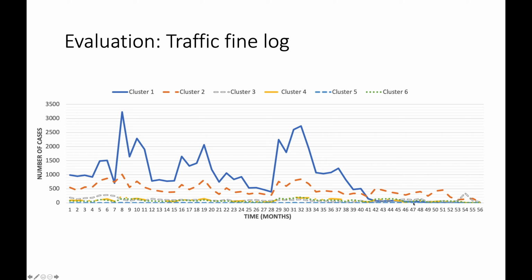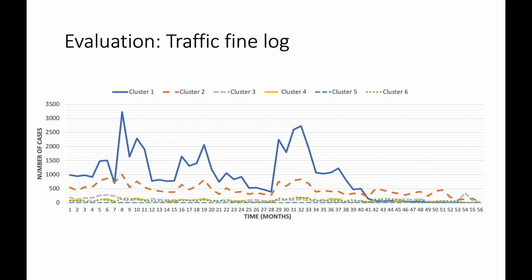It declined and slowly died, whilst cluster 2 maintained its pace and its number of cases throughout the time. The other clusters were also quite small. So this is also an interesting representation, even though it's very different.